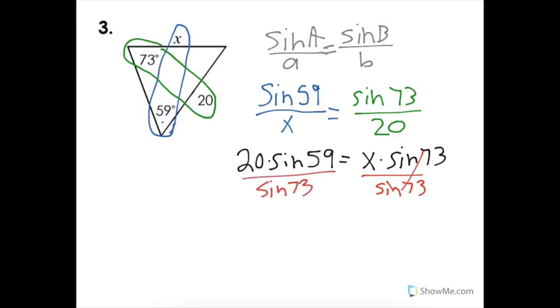So when we do that, we get x is equal to 20 times the sine of 59 over the sine of 73. And then you'll put that into your calculator, which I will show you.